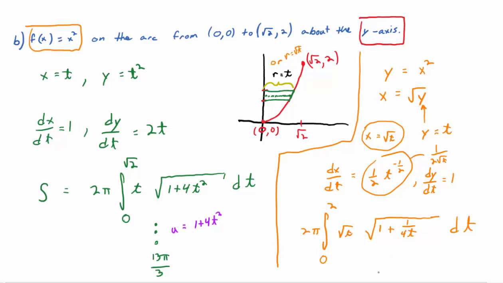So it's a little uglier on the inside. But now I did show you how to set it up if you had x equals a function of y. That would do it, and you'll get the same answer. Which one would you rather integrate? I'd rather integrate the first one. But, I mean, you could do it. Oh, and by the way, the r is uglier too, right? The square root of t versus just t. So I'd rather do it the first way.